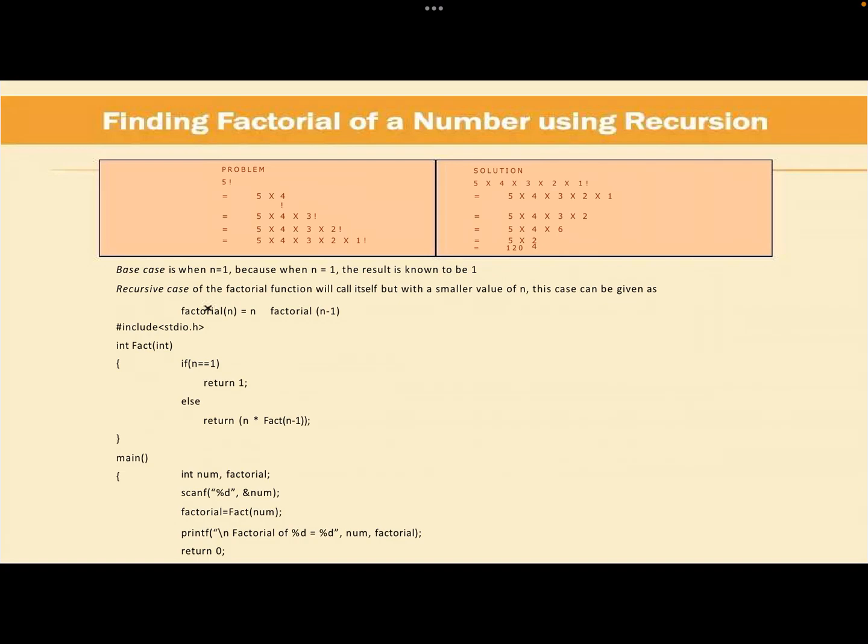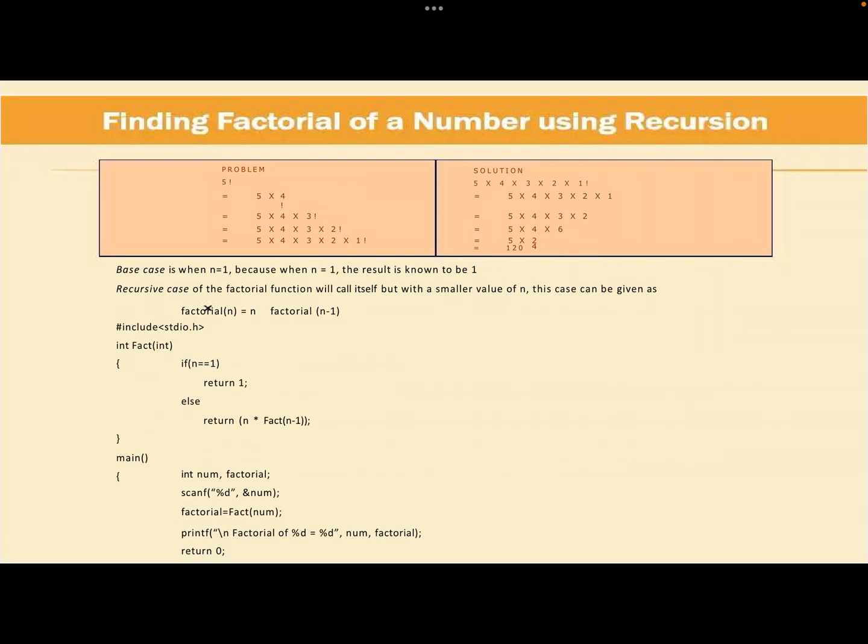Now we are going to multiply n with n minus 1 and so on, it continues. So n is multiplied with factorial of n minus 1. The base case is initially considered for the function, and then the results will be displayed in the main function.